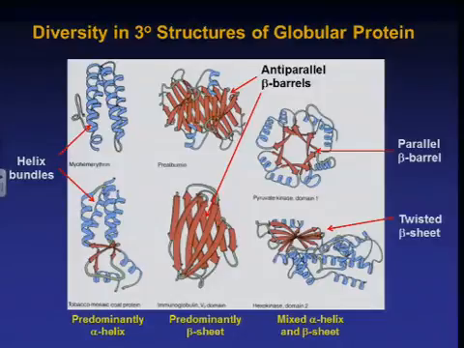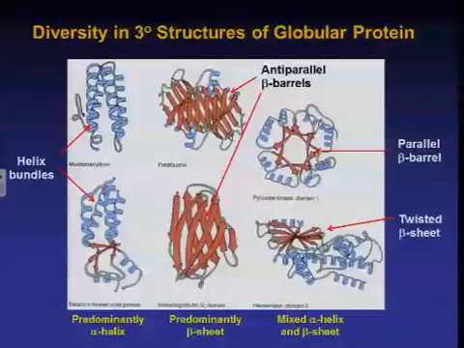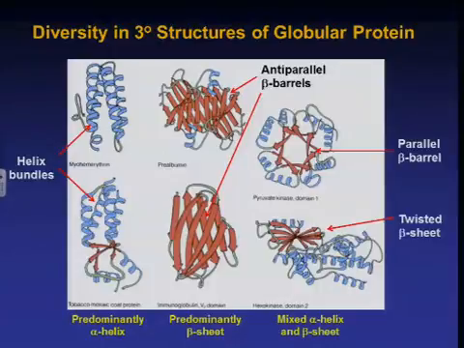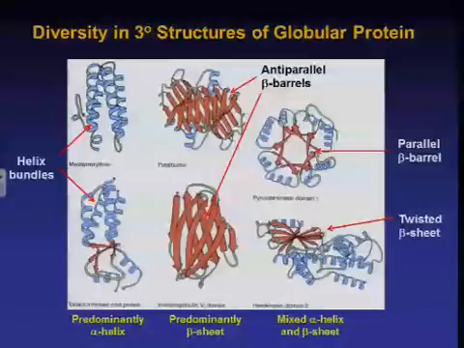You have proteins that are predominantly beta sheet. In these cases, these are actually beta barrels. We talked yesterday about how the multiple strands can come together and interact to form a sheet, right? But if you remember that figure that looked like a piece of paper with the R groups pointing up and down, you can have the beta strands moving around so that you actually have a barrel structure, which is what you have in these.